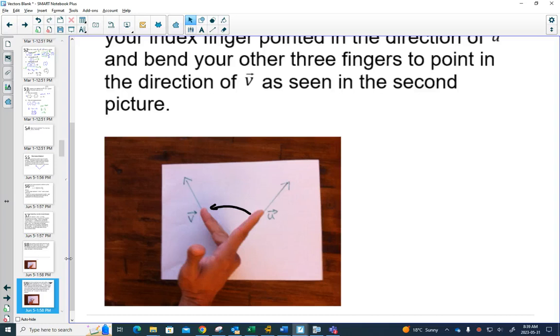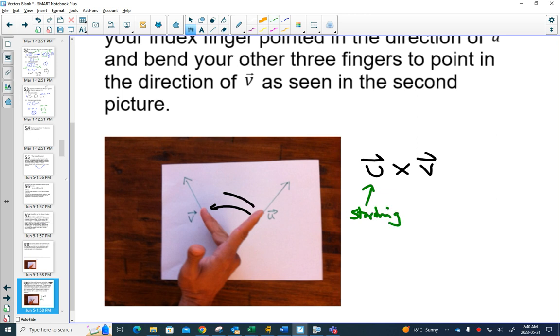If you don't brush your teeth and have never seen a tube of toothpaste before in your life, you're going to have to go with your right hand to figure this out. But if you had a tube of toothpaste and you went u cross v, meaning whenever we do u cross v, we're starting there, and then the arrow is going towards v.